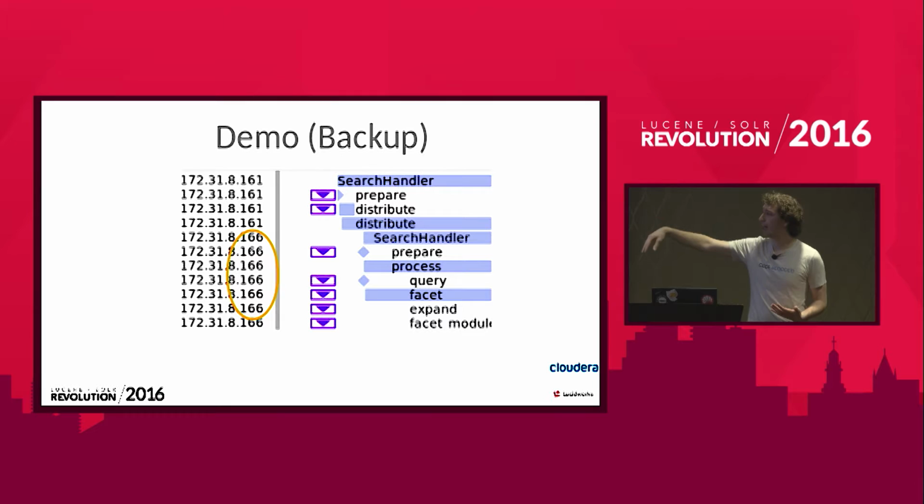And then as we expand that, we can see, oh, okay, this is on a particular server. If we run multiple of these queries, we can start seeing that, hey, this .166 server, something's going on there. Something's weird. In this case, I changed the code so that it would sleep in the facet method. Very fabricated example.